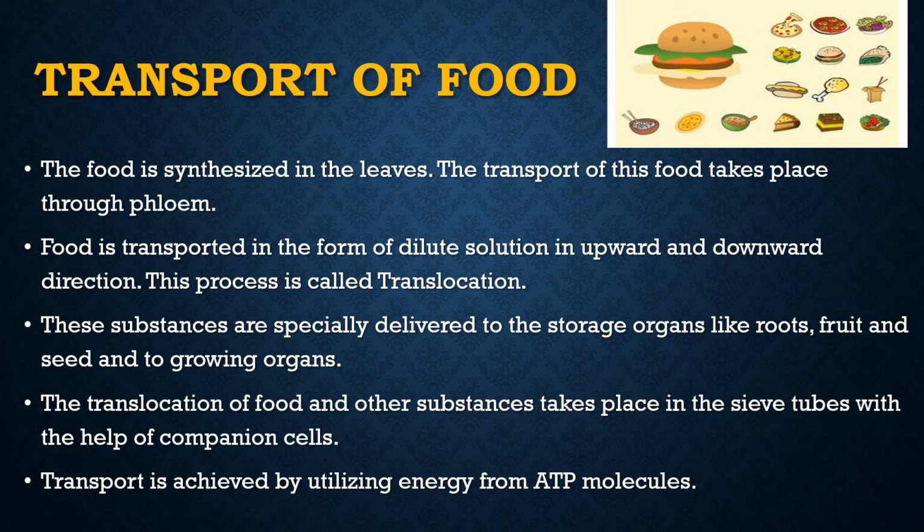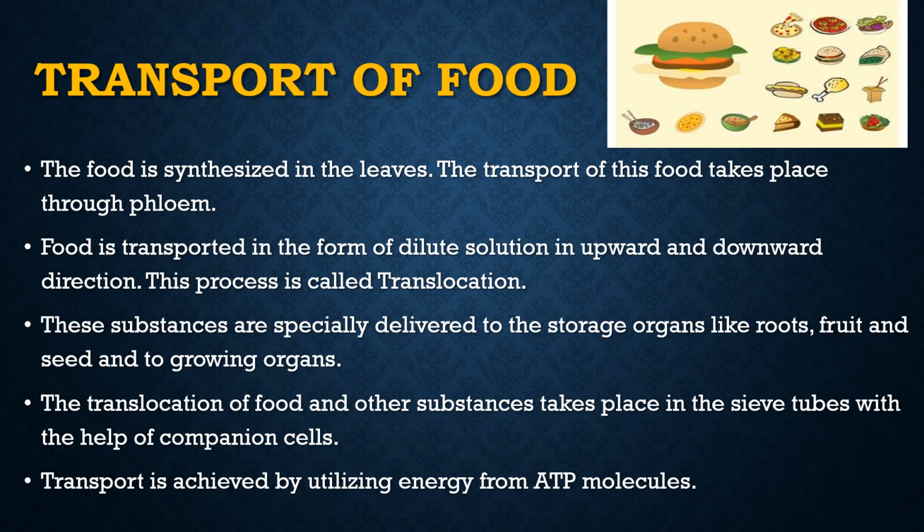Especially this food is transported to the storage organs like the roots, fruits and seeds, and to the growing organs. And this transportation occurs through the sieve tubes along with the companion cells.